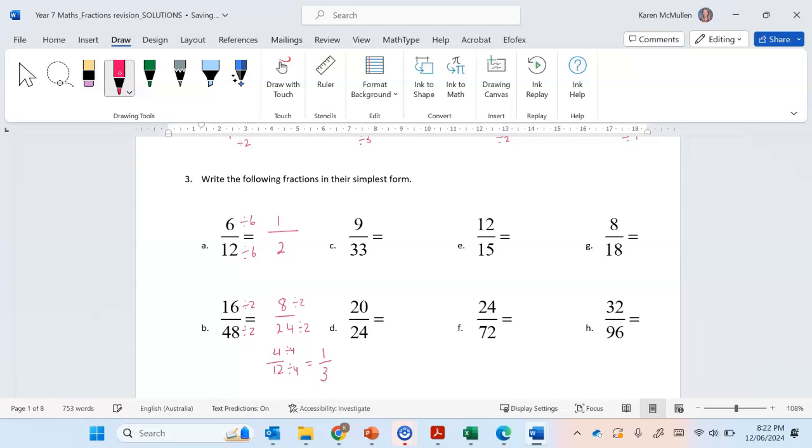And you can get your simplest fraction that way. Now it is a longer way to do it, but when you think about it, you could be sitting there thinking of the highest common factor of 16 and 48, and that might actually take you longer. So if you can think of a factor, just do it with that factor and then keep simplifying from there.